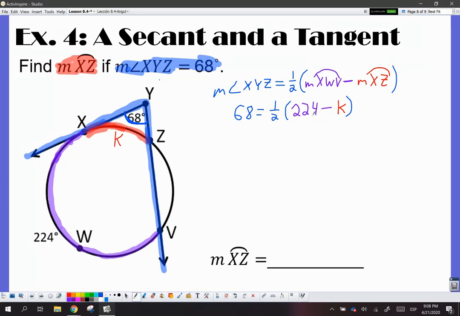When I look at this, I need to solve for K, right? So I need to get rid of everything around the K. Right now, the K is in jail. It's inside these parentheses, so I need to get rid of these parentheses. But remember that parentheses usually means I'm multiplying everything inside by something, and I know that I'm multiplying that by 1/2.